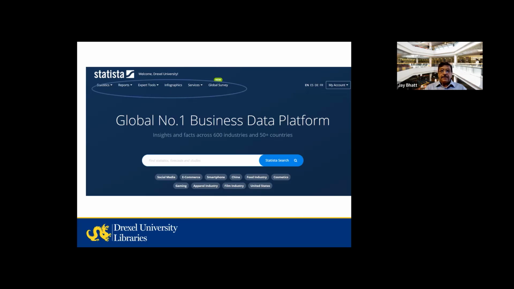For a material scientist, we have a lot of data about materials and material properties available through databases like Access Engineering and Knovel, and of course, Engineering Village. If you go to our Drexel Libraries page and under Library Guides, within the Engineering section, you will see a link to the Materials Science, Mechanical Engineering Library Guide.